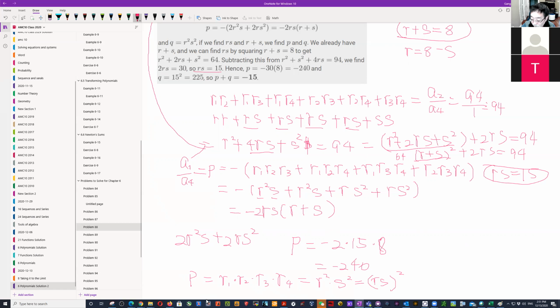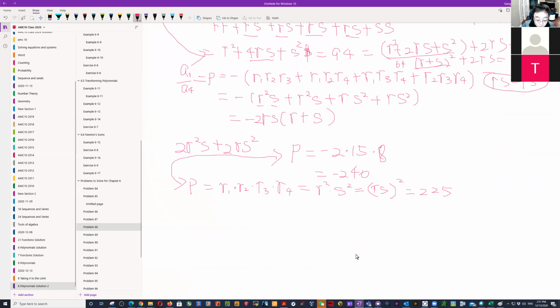Because RS we already know is 15, it's 225. So basically P plus Q is just these two numbers added: negative 240 plus 225 equals negative 15.